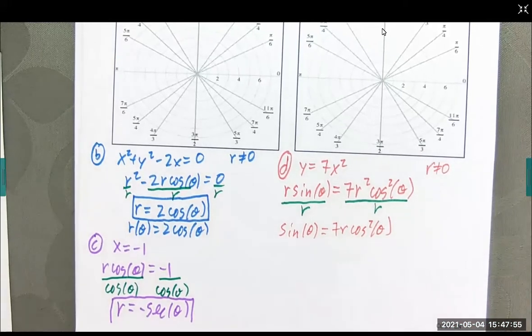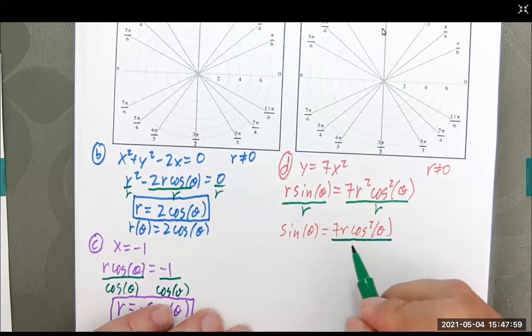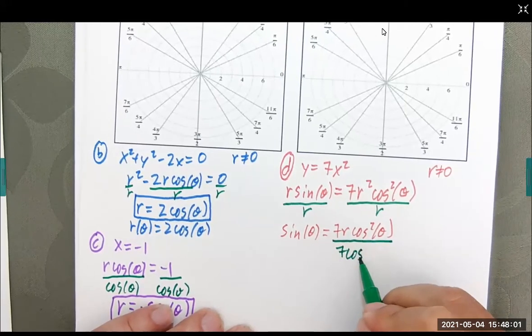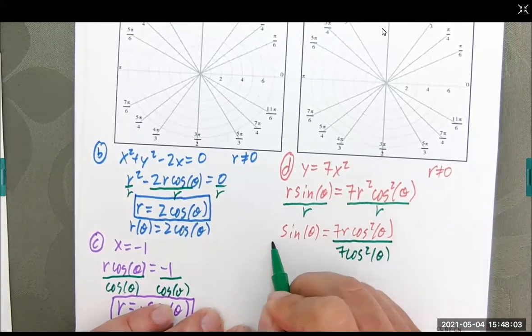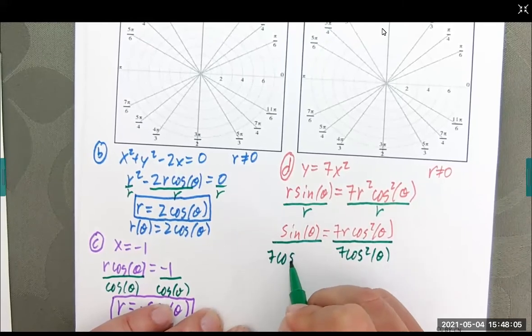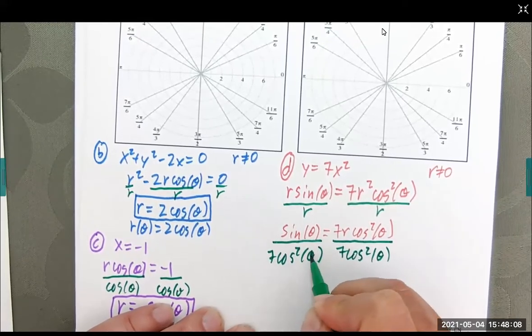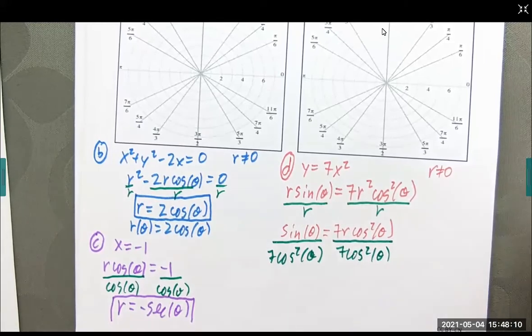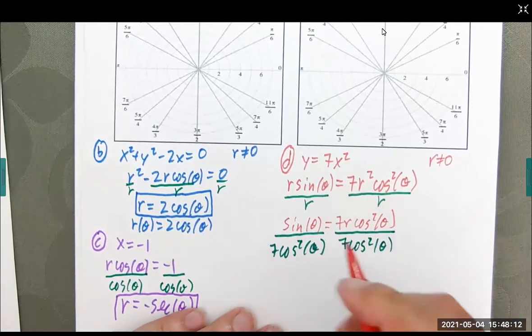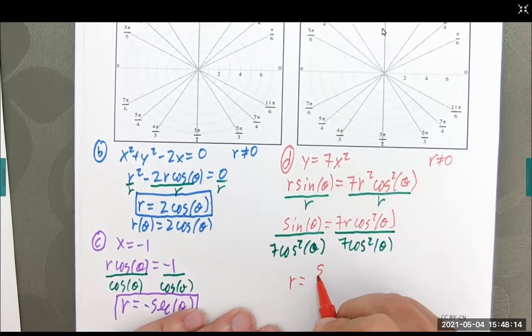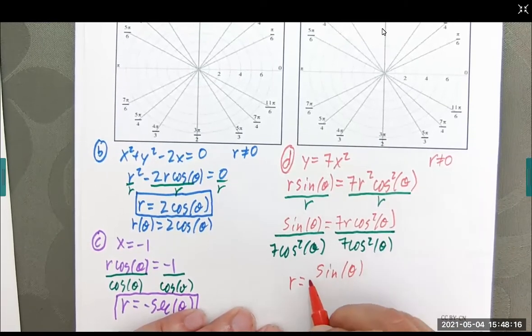And in fact, to get r by itself, I'm going to divide out 7 cosine squared theta. Giving us r is sine theta over 7 cosine squared theta.